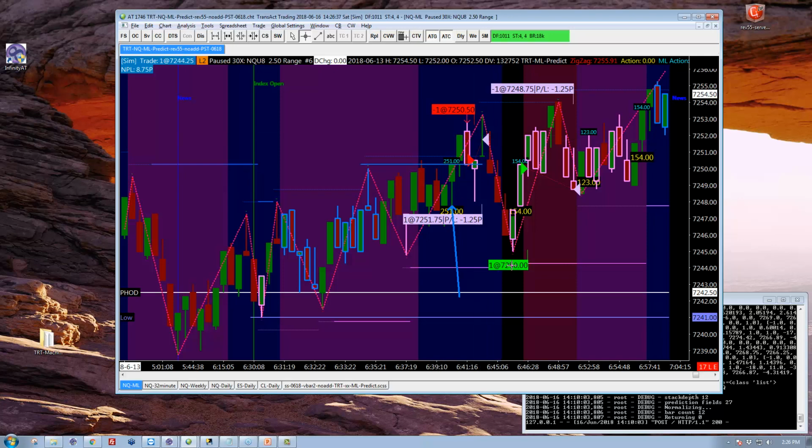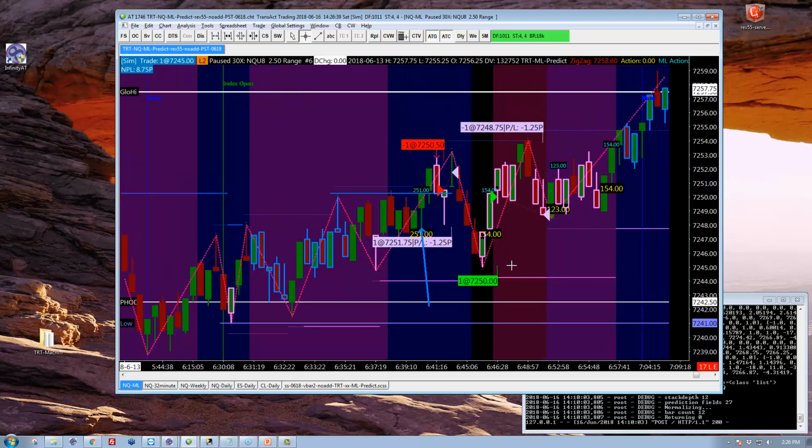Then, because this level is more than 10 ticks away from that one, we'll now take longs. That point gets set on that bar, so it opens up the next bar for trading. We actually get a 134, 154.